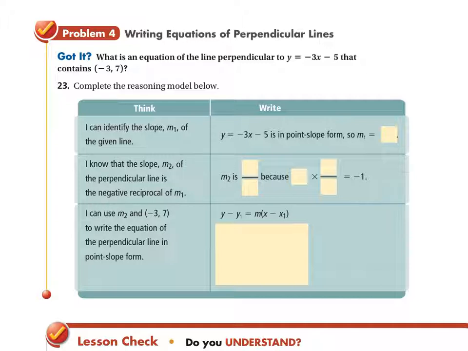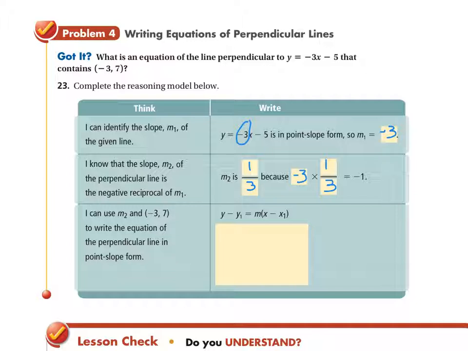The slope of our line is negative 3. So the perpendicular slope is the opposite reciprocal. So the slope of our second line is positive 1/3 because negative 3 times positive 1/3 gives you negative 1.